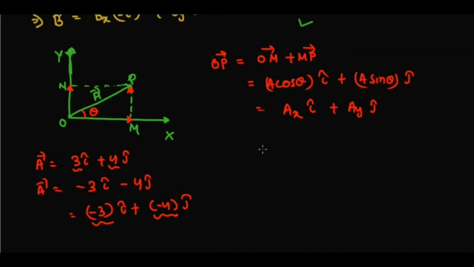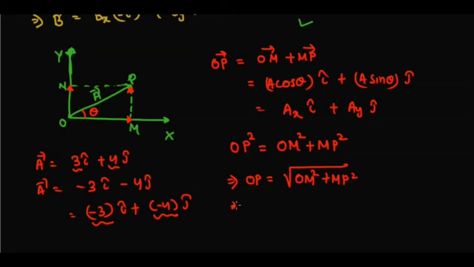So using the Pythagoras theorem, you can say that OP square is equal to OM square plus MP square. Is that clear? That implies OP is equal to the square root of OM square plus MP square. And what is OP? OP is the magnitude of vector A. What is OM?